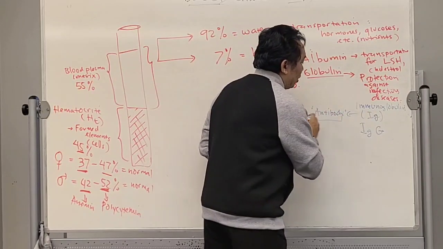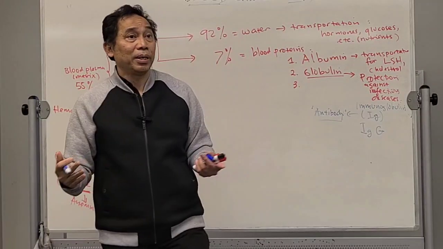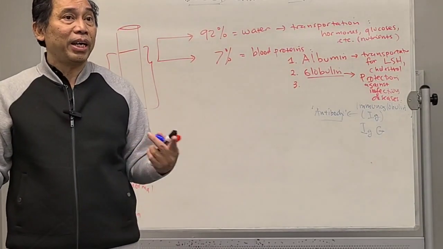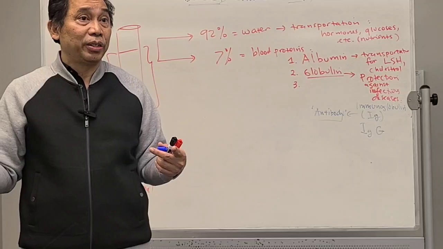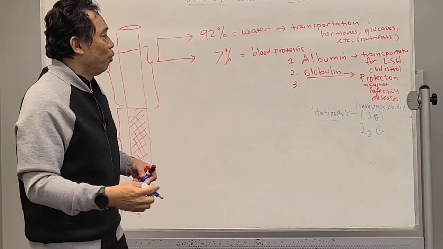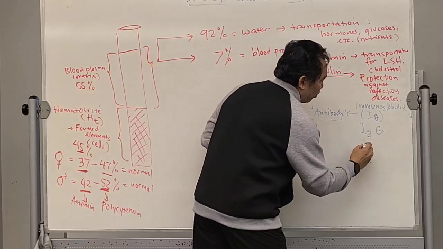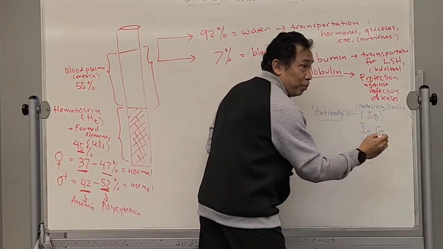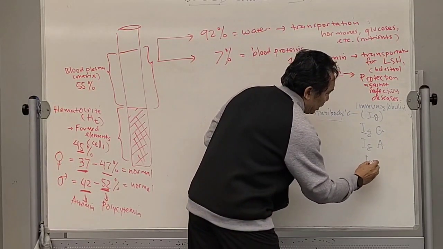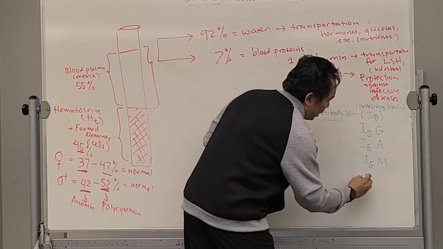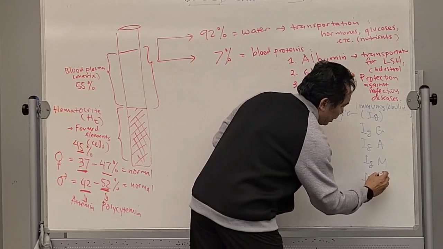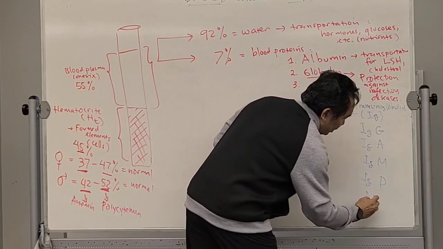Okay, so immunoglobulin or antibody, they are the same thing, which is a protein that fights against infections. Now the most abundant one is called the IgG. The second one is IgA. And then we have IgM, IgD, and IgE.